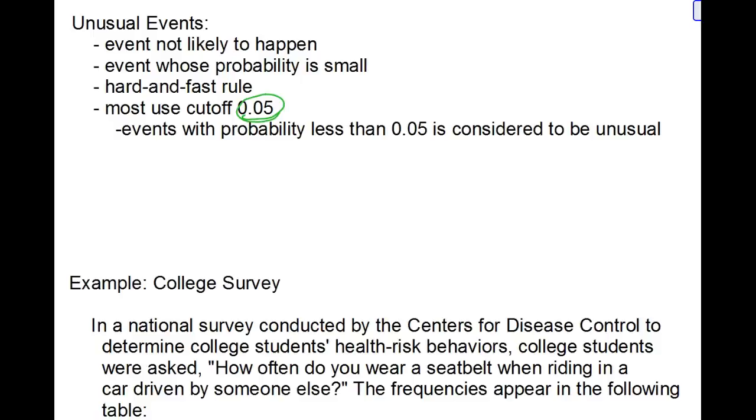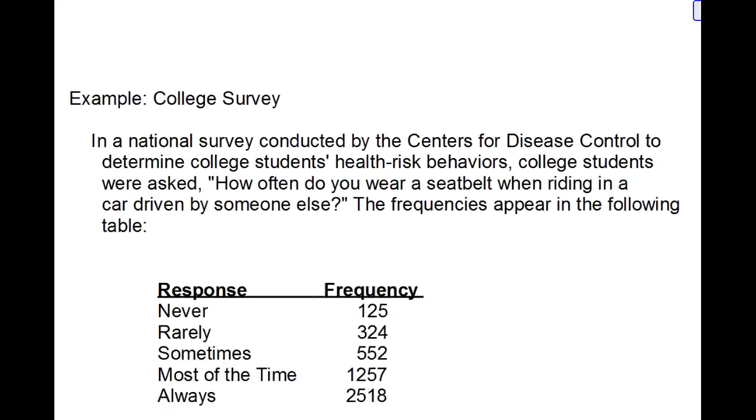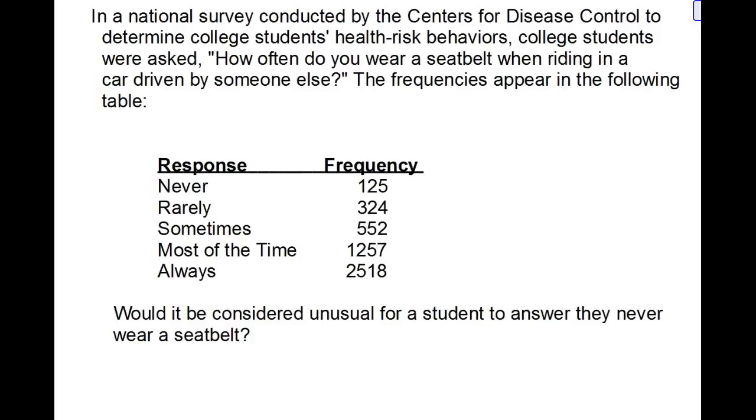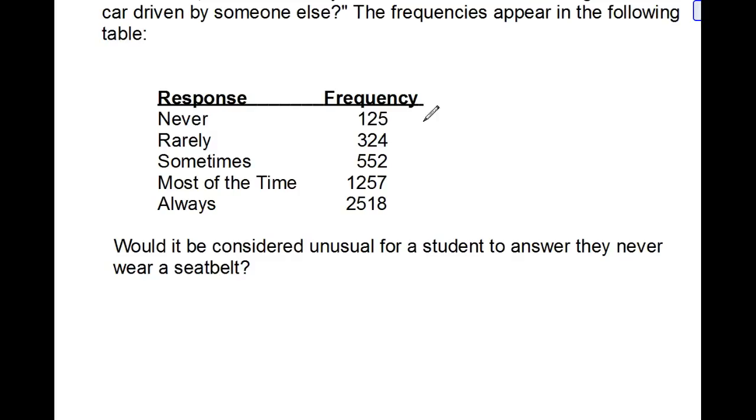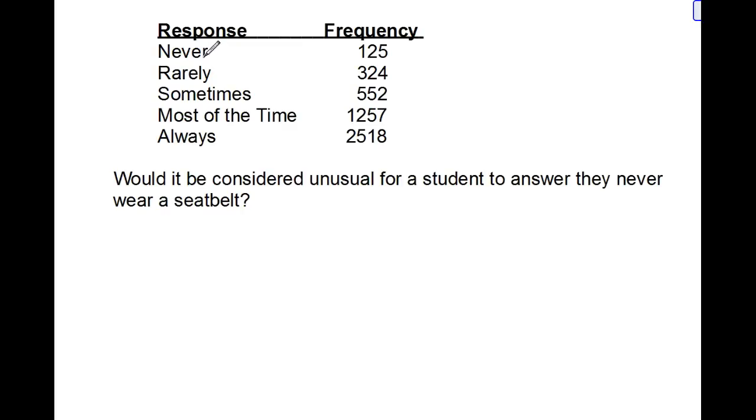So let's continue with our college survey, with the same frequencies, still asking about riding in a car driven by someone else. If we look, never is the answer that was given the least. So would this be considered an unusual event?